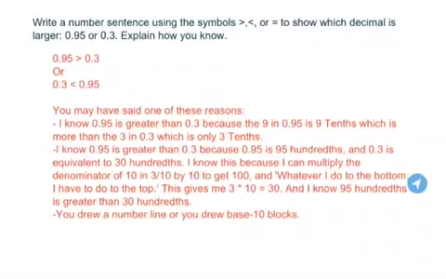And whatever I do to the bottom, I have to do to the top. This gives me 3 times 10, which is 30, and I know 95 hundredths is greater than 30 hundredths. Okay? So that would also be a good way.